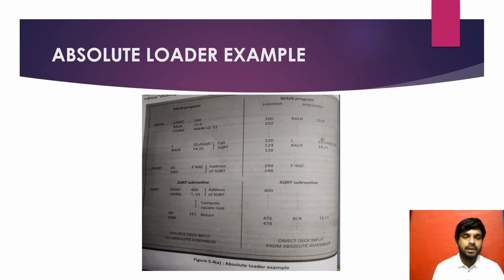BLR is a branch and link register, where you can store a value using USING, where you specify the start of the program where it has to be stored. DC is a define constant, where you can store the exact address, and this is an SQRT subroutine, where the subroutine has to be stored.